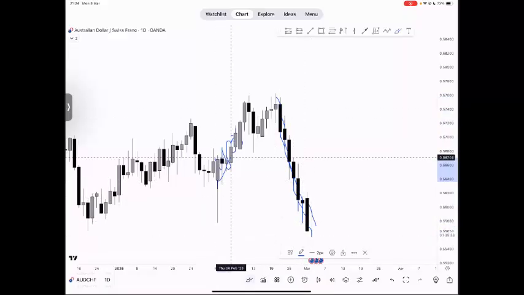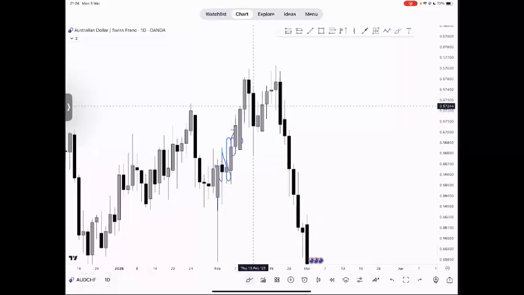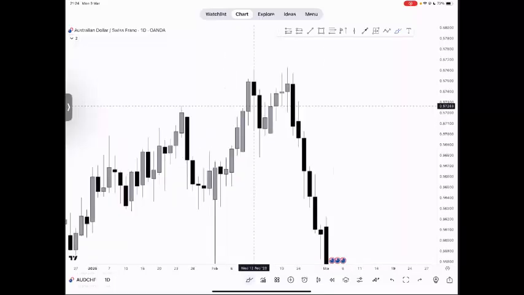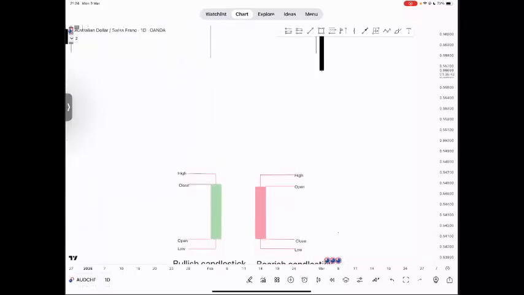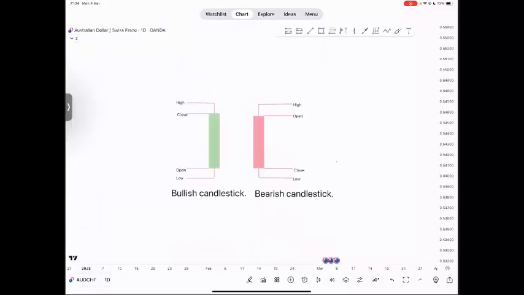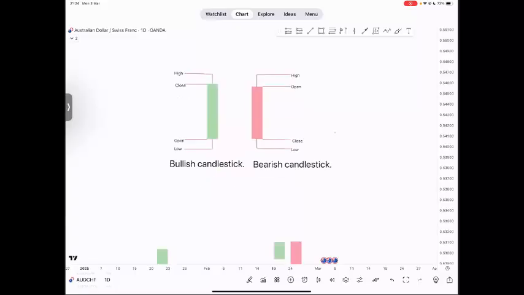So every time the bullish candlesticks form, they represent an upward movement, while the bearish candlesticks represent a downward movement in price. Right? Now, this is like the basic buy and sell candles. Let's talk about now the important candlesticks that we're focusing on. I told you that the first one is the engulfings.